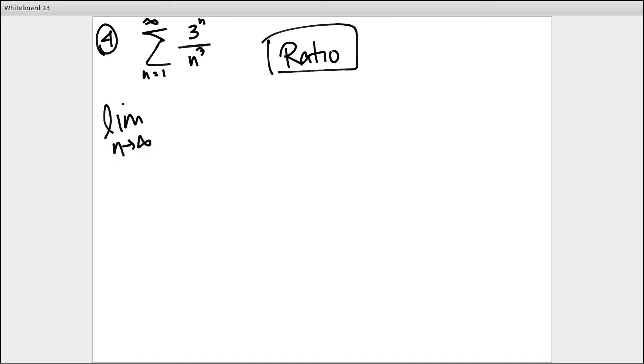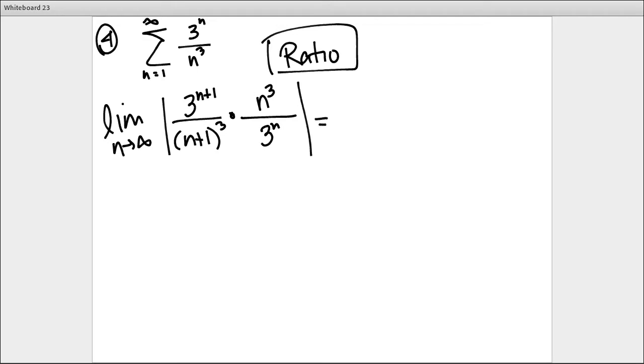Limit as n goes to infinity of the n plus 1th term would be 3 to the n plus 1 over n plus 1 cubed. And then you're dividing by the nth term, so you have to multiply by the reciprocal. And the n cubes, as n goes to infinity, those end up being 1.